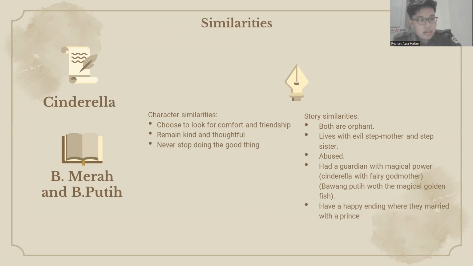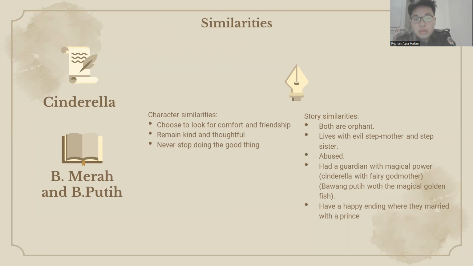Cinderella and Bawang Putih both choose to look for comfort and friendship. Both of them had a miserable life, so of course they need someone to look for comfort and a friend to lighten their lives. Cinderella had small animals like a squirrel, a bird, and a mouse.